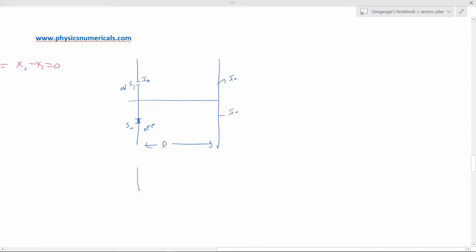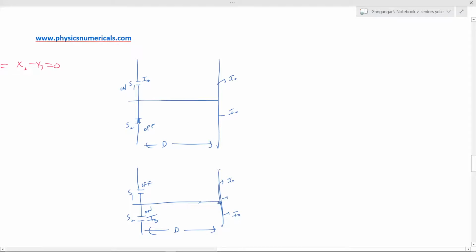Similarly, S1 is off and S2 is on, with intensity I naught. The intensity everywhere will again be I naught. The intensity at all points on the screen will be I naught only.